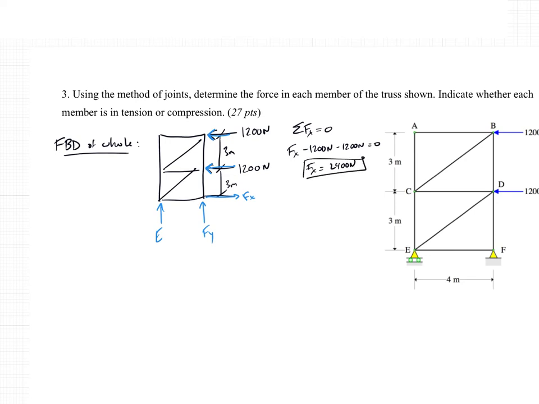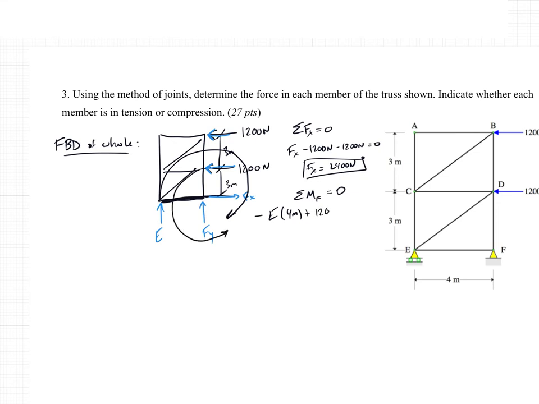Let's go ahead and sum moments, and we'll do that around point F. So we'll have E times its moment arm, which is going to be from here to here, which is 4 meters. That's causing things to spin this way, so that's going to be a negative sign. Plus, now I've got these two 1,200s. Each one of them is causing things to spin the other way around F, so they're both going to have plus signs.